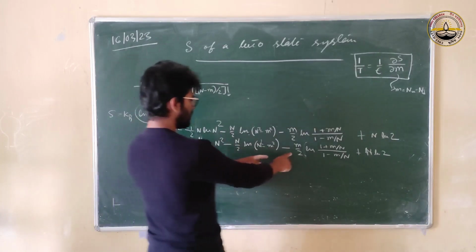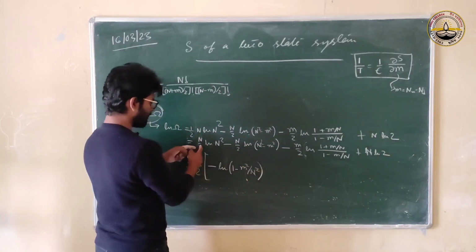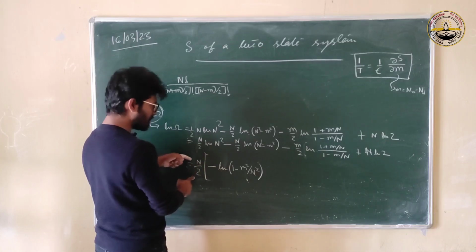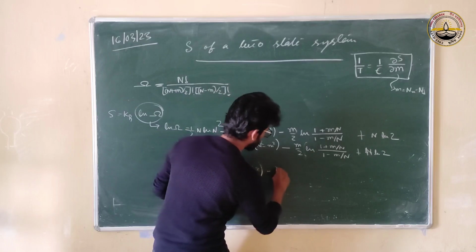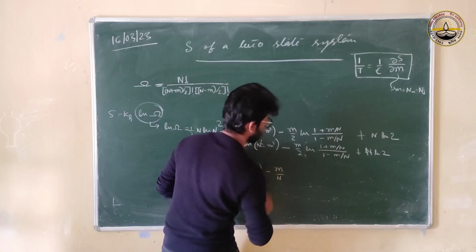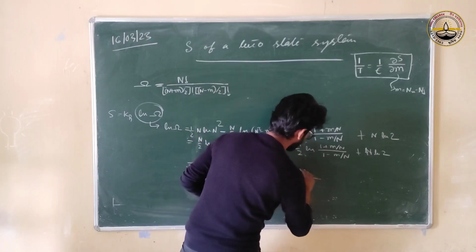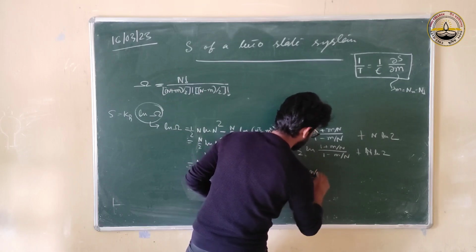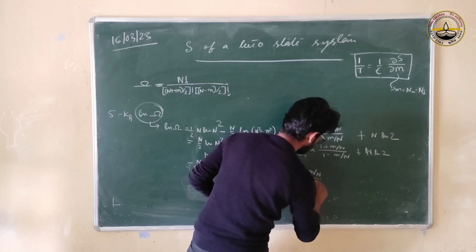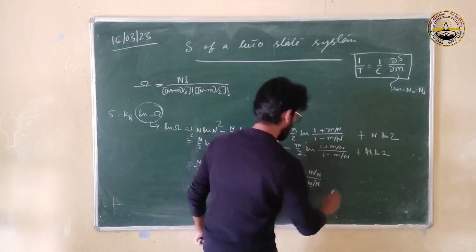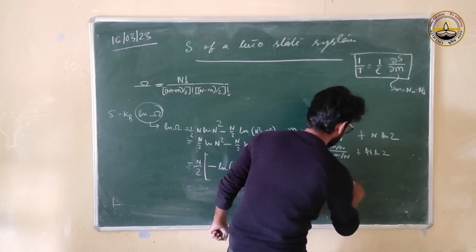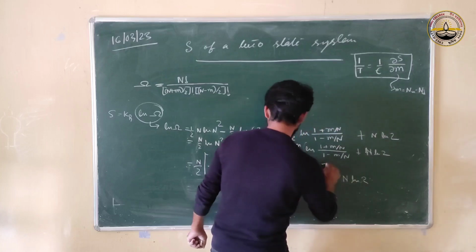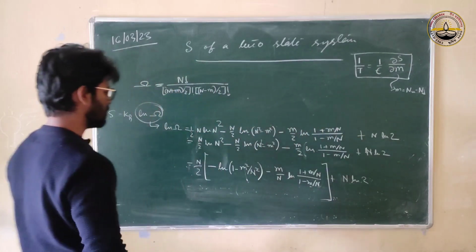Okay, here we have m by 2, but I have taken an n by 2 common, so 2 is fine, but an extra n I have taken, so I have to write m over n here. And this is log of (1 plus m by n)/(1 minus m by n), plus simply n log 2. Oh, by the way, bracket complete.